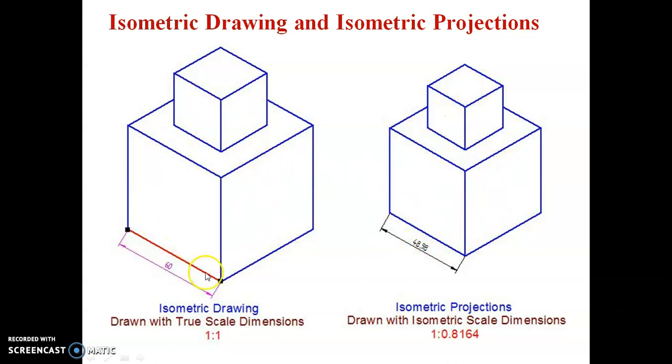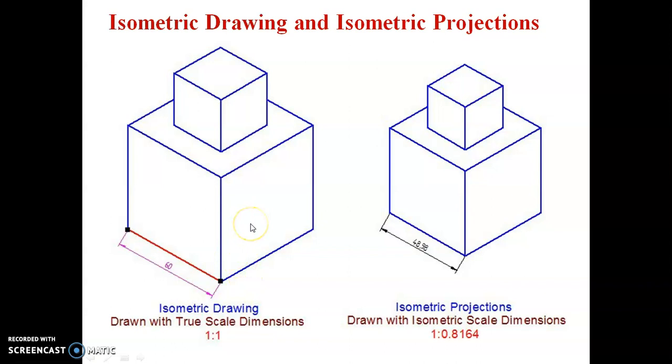When we say isometric drawing, we represent all the dimensions of a particular solid with true scale. So if this is a combination of two cubes having one cube of 60 mm, 60 mm is shown as 60 mm only during the 3D representation of that object.